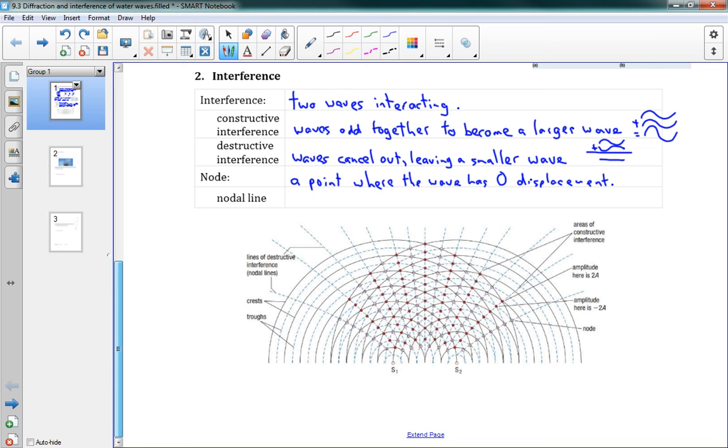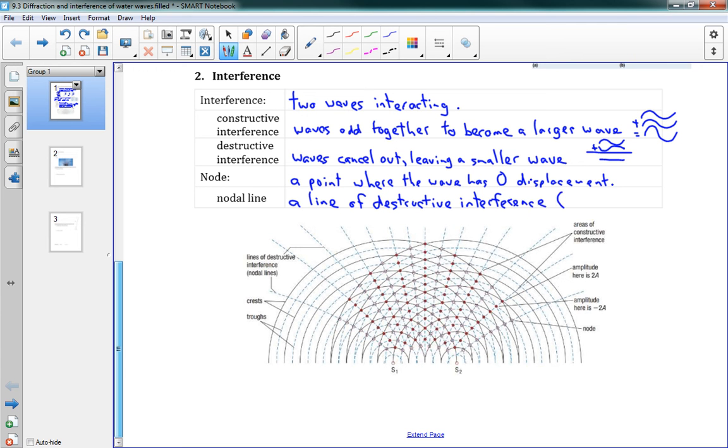And a nodal line is like a node, but it's a whole line of that. So this is a line of destructive interference.